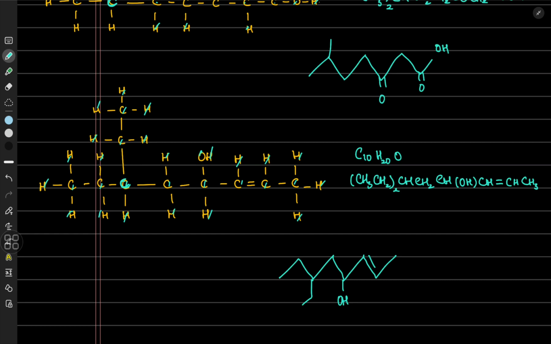Now for the next two compounds, I'll be only showing you the compounds' displayed formula. You need to deduce the structural, the molecular, and the skeletal formula.